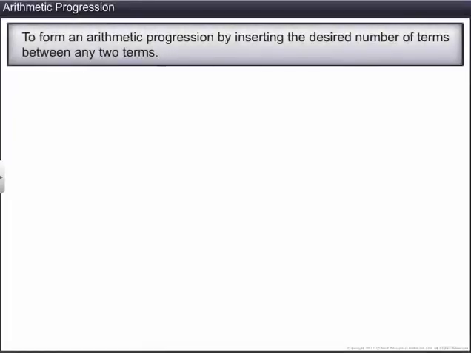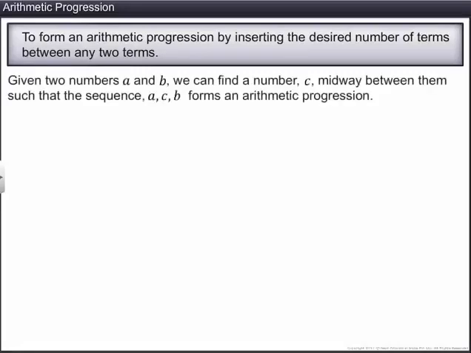Let us now learn to form an arithmetic progression by inserting the desired number of terms between any two terms. Given two numbers a and b, we can find a number c midway between them such that the resulting sequence of the three numbers forms an arithmetic progression.